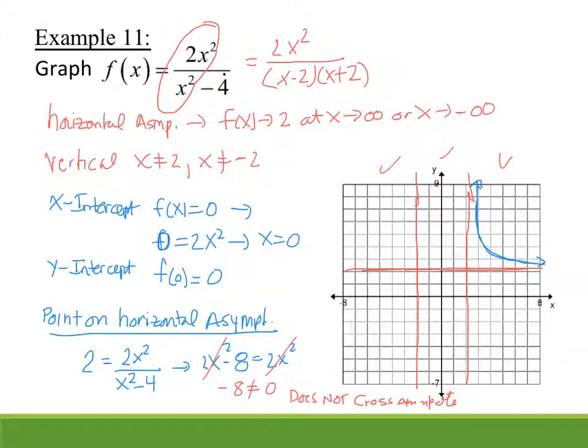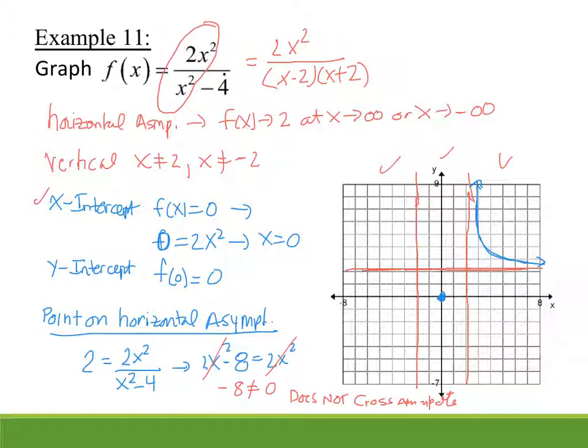Okay, so now we have some very interesting things going on here. We've done some of the rest of it. We did the x-intercept. The x-intercept is at 0, 0, right? And so the y-intercept is also at 0, 0. So we have a point here. And we also found out that when we substituted 2 in for f of x for a point on the horizontal asymptote, we notice we get nonsense.